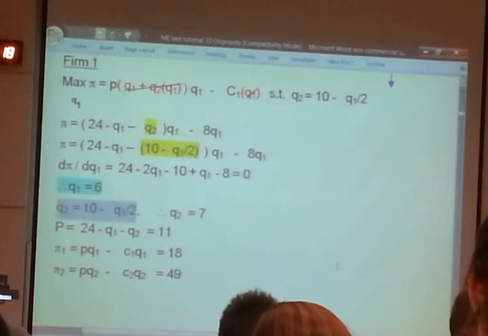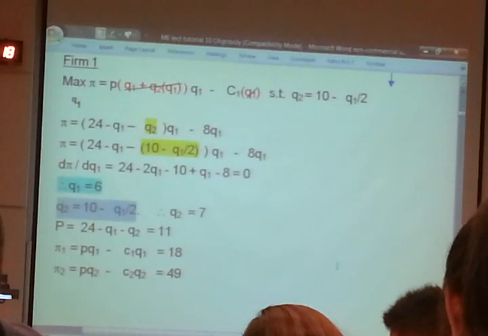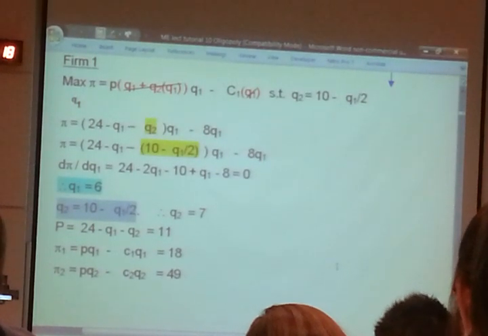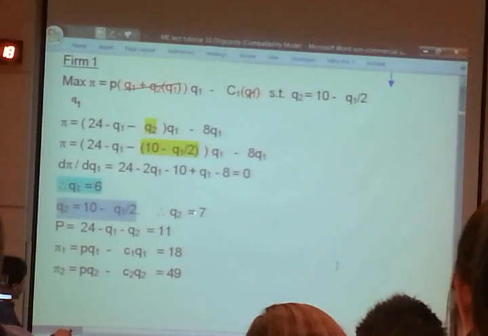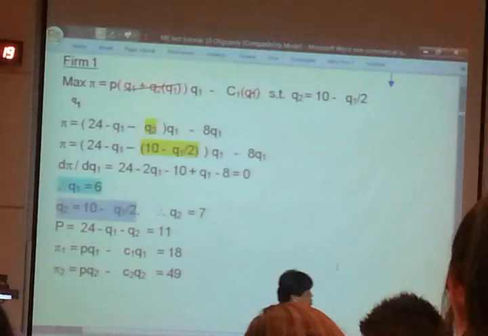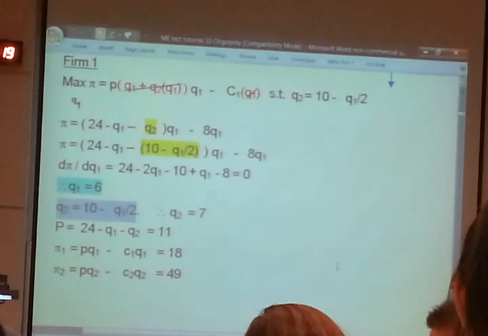Q2 is the same. So the follower will produce that. So the Stackelberg model predicts that the equilibrium quantity, the leader will produce this amount, the follower this amount. Therefore, what will be the market price? So we have Q1, we have Q2, now we put it inside here, so the market price is 11, so profit.